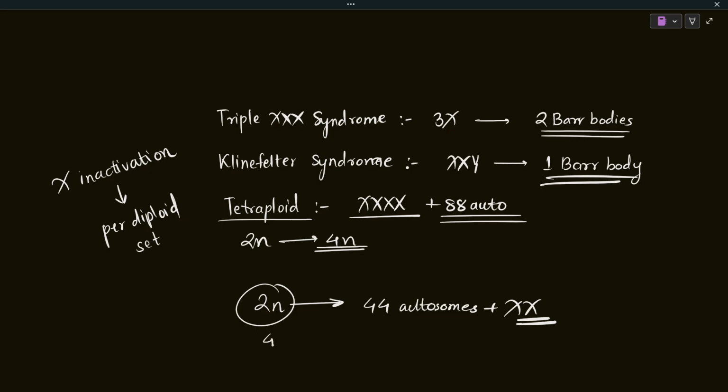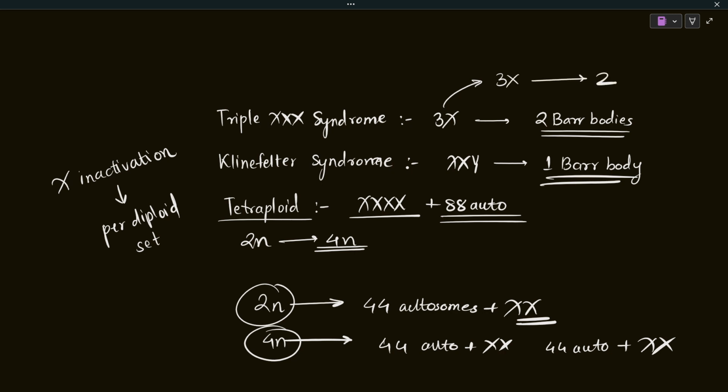If the cell has 4n composition, it is tetraploid. It will have two diploid sets, so 44 autosomes plus 2X, as well as again 44 autosomes plus 2X. So that is why, instead of three bar bodies, like here where we had three X chromosomes and so two bar bodies, here we have four X chromosomes, so logically we should have three bar bodies.